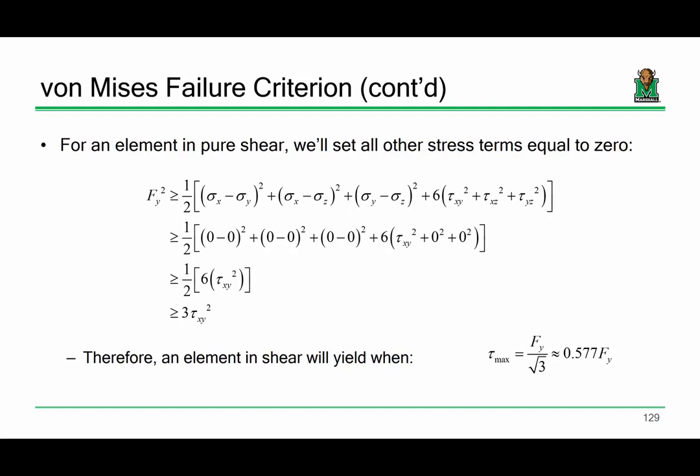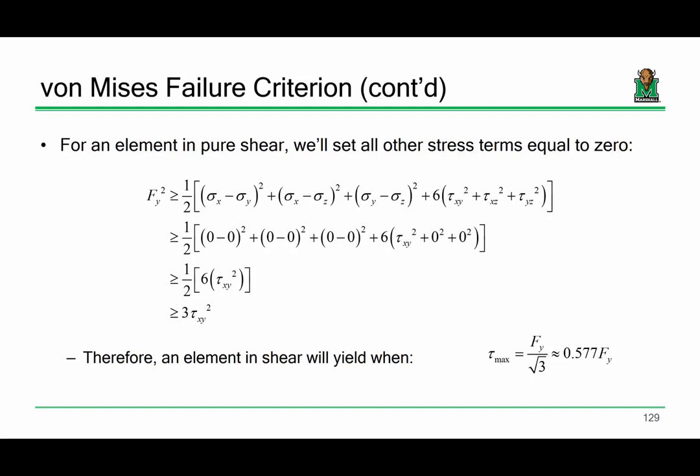So you start canceling everything out, plugging and chugging, and you make a very interesting find. If you take a member and yank on it, it yields when it hits Fy. But if you take a member and shear it, it doesn't fail at Fy. It fails at a stress far below Fy, specifically around 0.577 Fy. What the steel manual does is say, let's just call it 0.6.